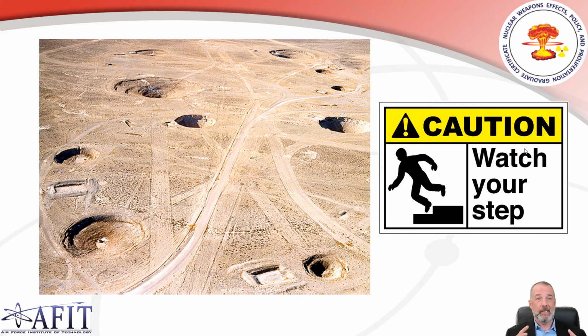Now here we can see at the Nevada test site an aerial view that shows a whole bunch of these subsidence craters. You can tell the difference between a crater made by the ground subsiding, because it just filled in the hole created by an underground nuclear detonation, versus one created by a detonation that actually breached the surface, by the fact that there are no lips around these craters.